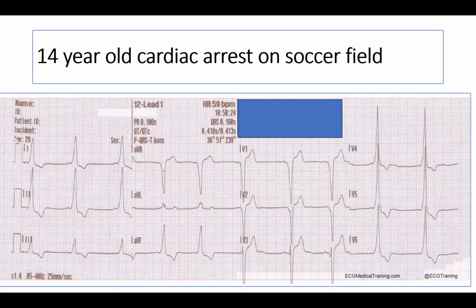This is a tracing obtained of the patient after this event. What is the most likely thing that happened, Tony? So now we see the patient has WPW. This was not known in this patient prior to the episode. What do you think happened? What's the most likely thing that caused the cardiac arrest?